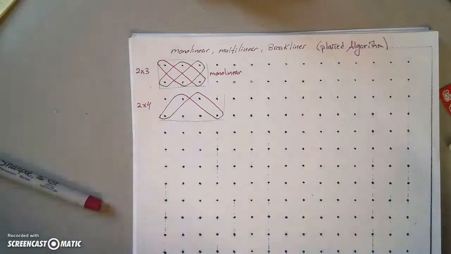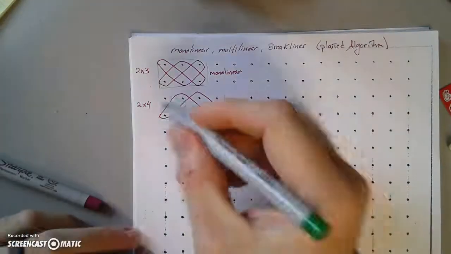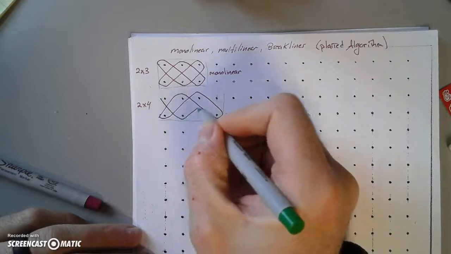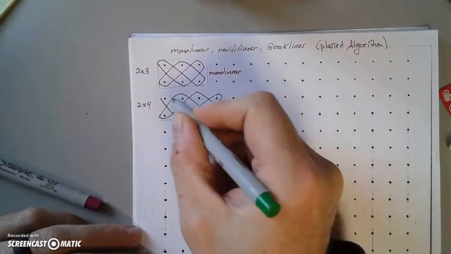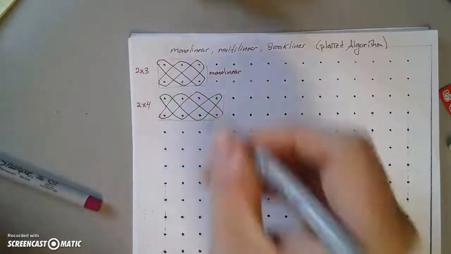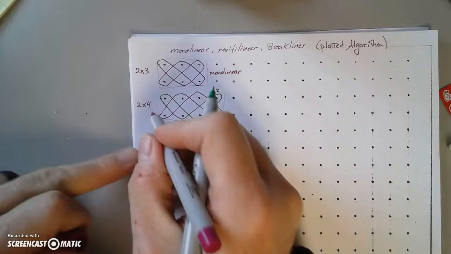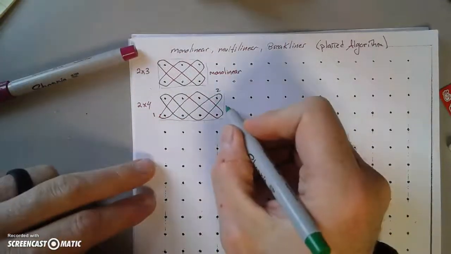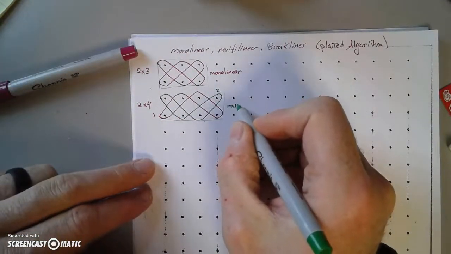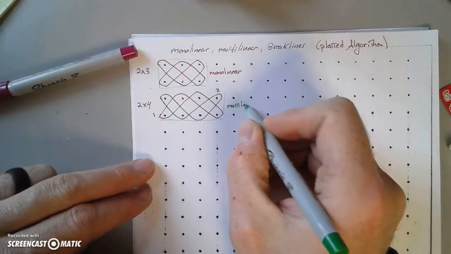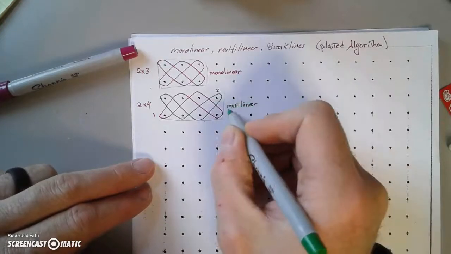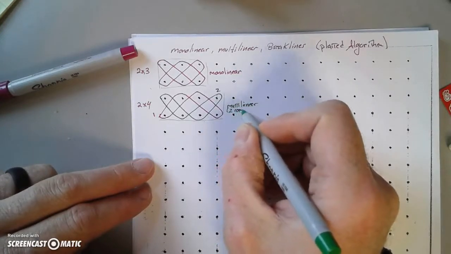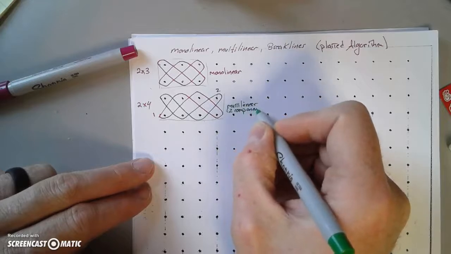So let me grab another color, and if I then complete the process of encompassing the dots, I have two curves, right? This might be number 2, this is number 1. Two components, two curves. So we would call this multilinear, or there are two components.